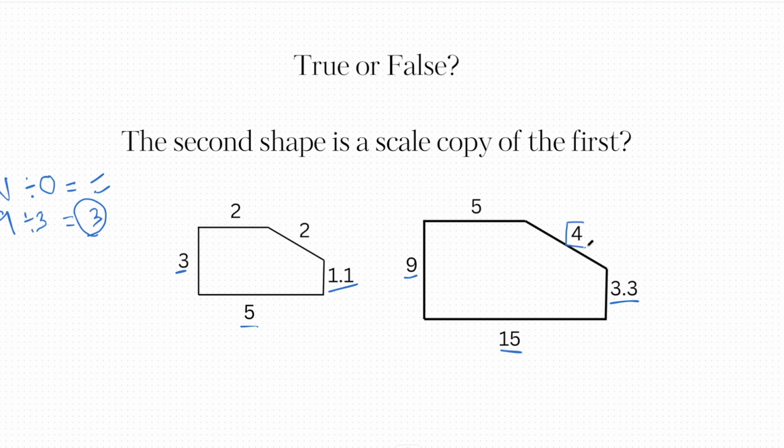Here we have 4, and the corresponding side over here is 2. So when we do 4 divided by 2, we get 2. Because 2 is a different number than 3, the answer to this question is false. The second shape is not a scale copy of the first.